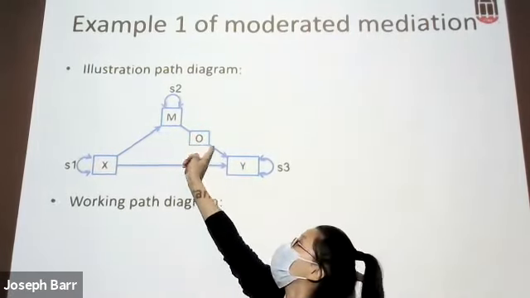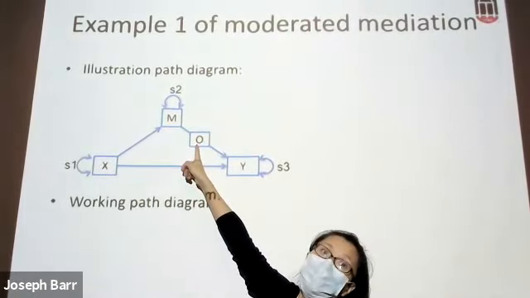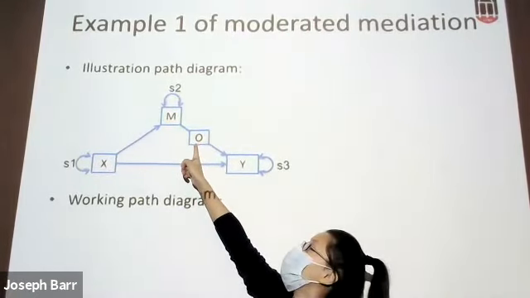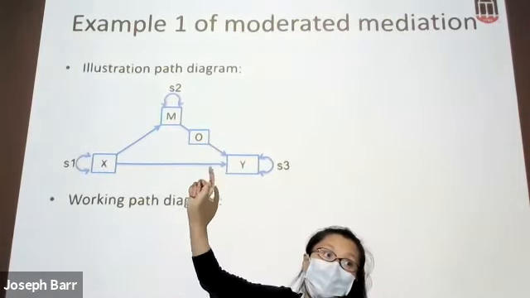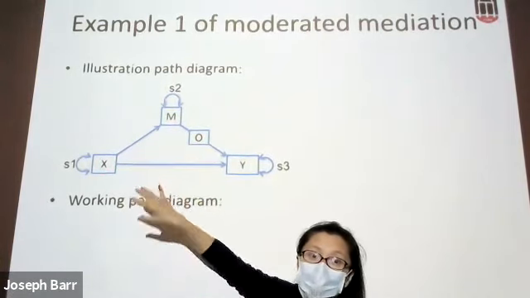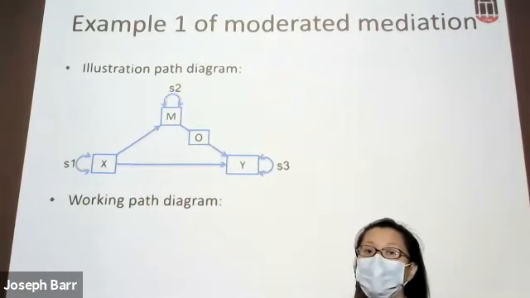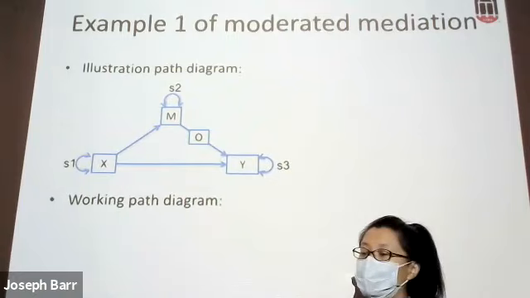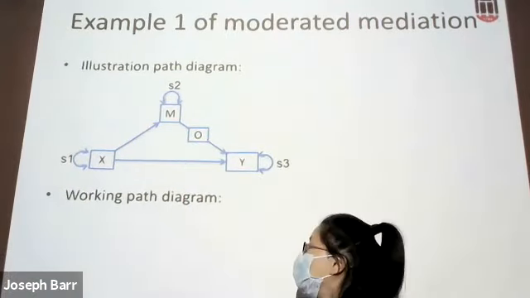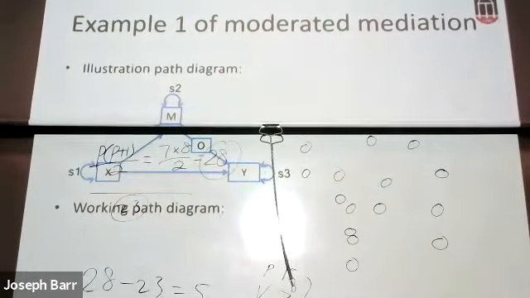This path could be moderated by this variable O. So that means the variable O can change the coefficient from M to Y. Based on this illustration path diagram, what is a working path diagram? How are we going to make it very easy for us to translate the path diagram to code?